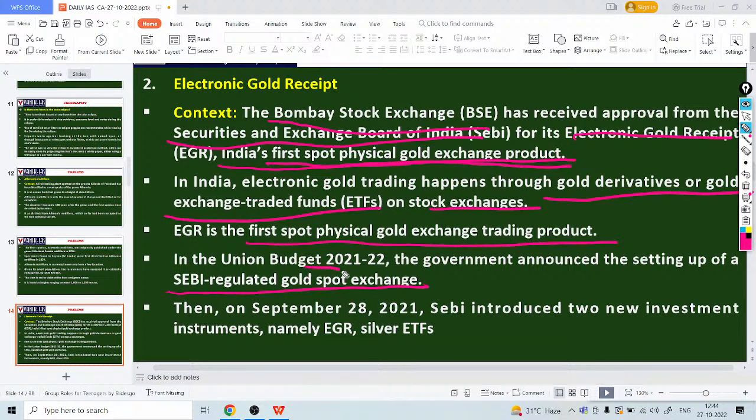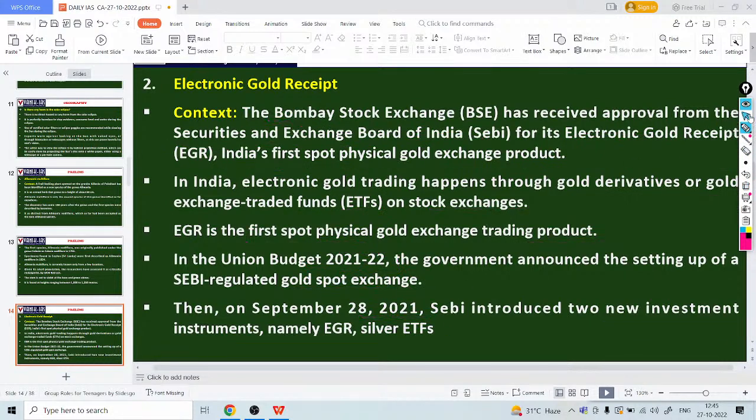Then on September 18th, 2021, SEBI introduced two new investment instruments, namely EGR and Silver ETF, Exchange Traded Fund. One is on gold, the other on silver.